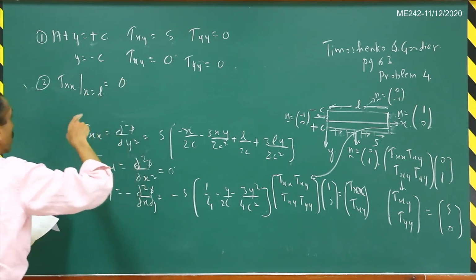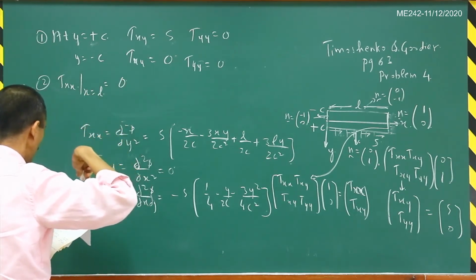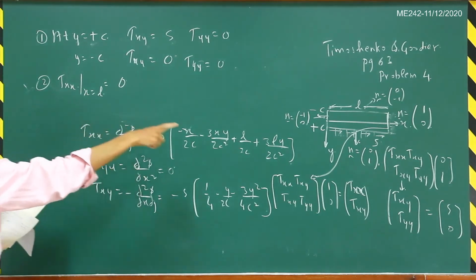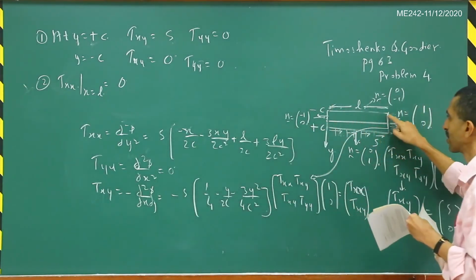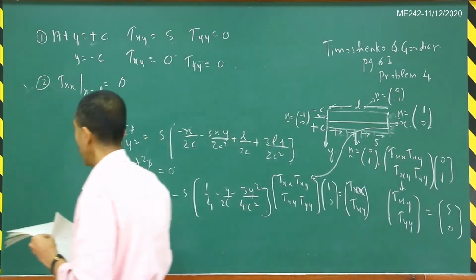So that part is also correct, and the only problem is that tau xy should also be 0 on this particular edge, because there is no traction that is acting there.